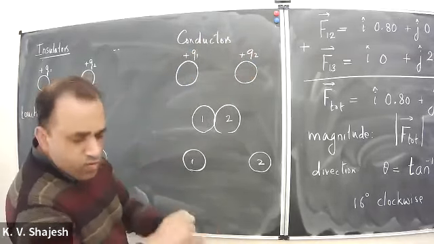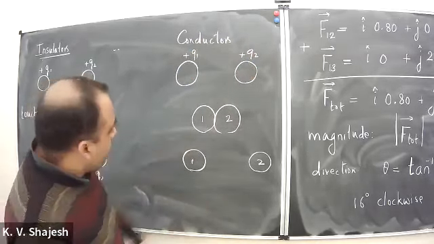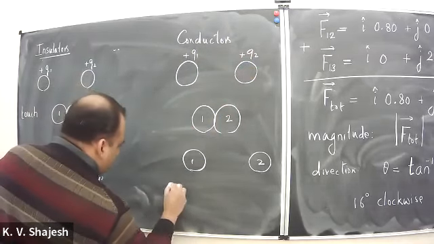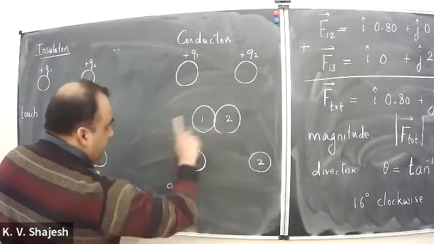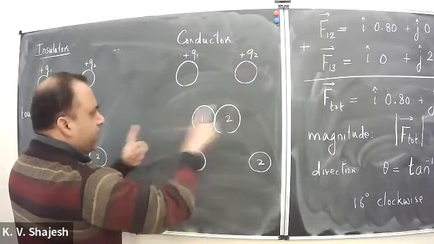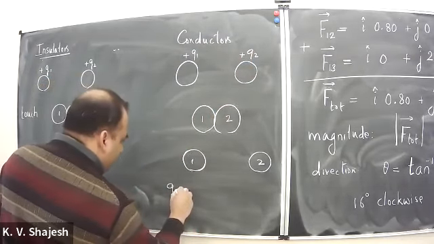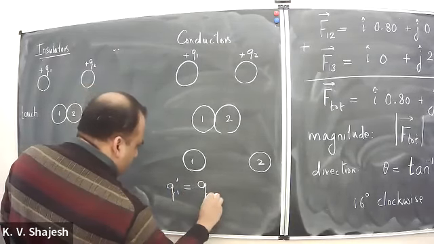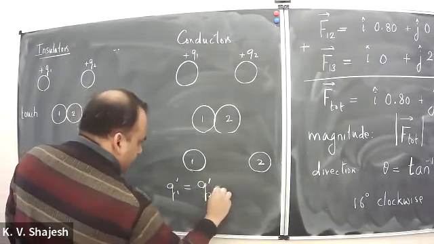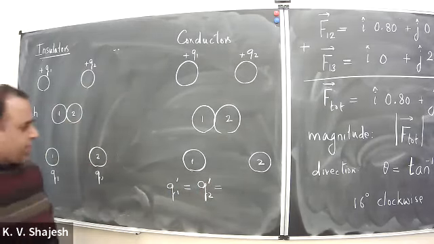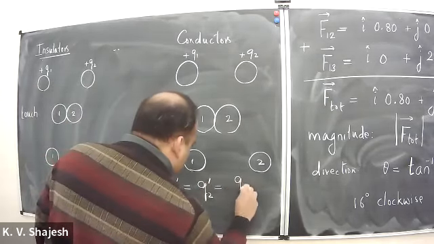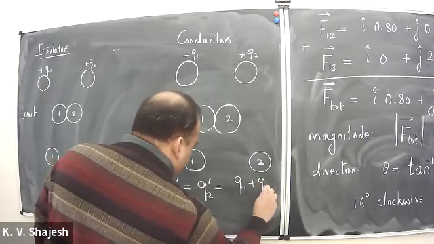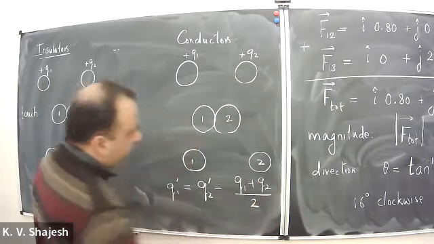They share, they move around, and that new charge will be Q1 prime. If there is a positive and a negative, they will cancel out each other, and Q1 prime is exactly equal to Q2 prime, and they share the charges. So that's Q1 plus Q2 over 2.